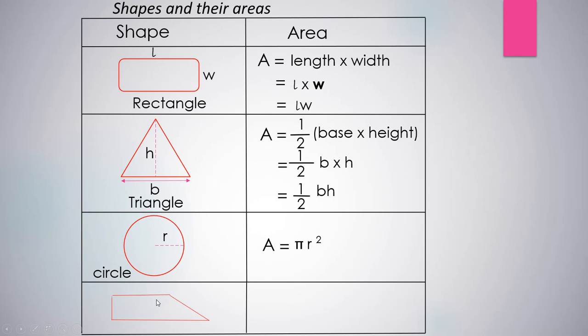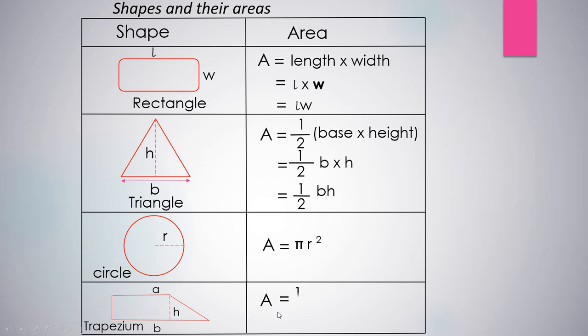Another shape we look at is a trapezium, with the lower length B, the upper length A, and the height H. What is the formula for its area?